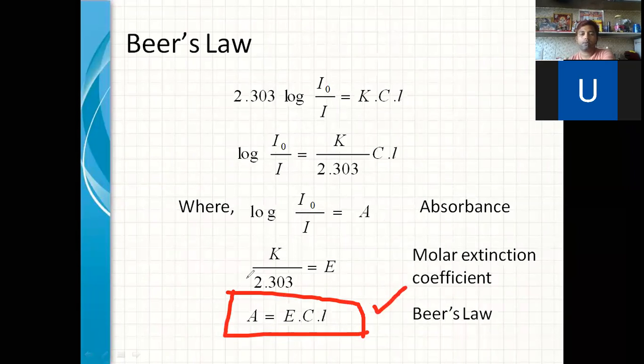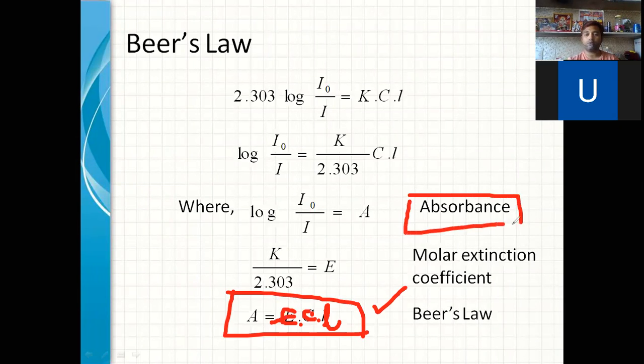Absorbance is equal to epsilon dot concentration dot length. This is for our understanding. It will not come in examination; there is no derivation. But we have to understand two terms: absorbance, what is absorbance, and what is transmittance T.